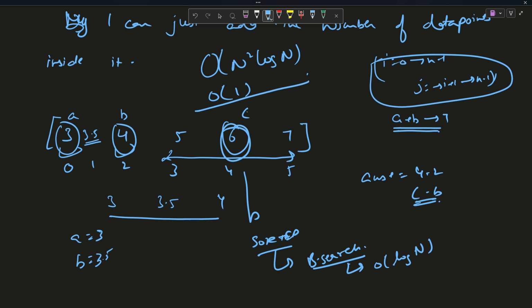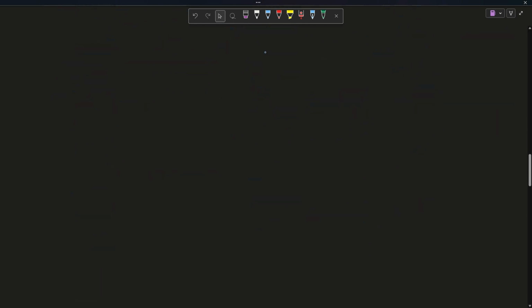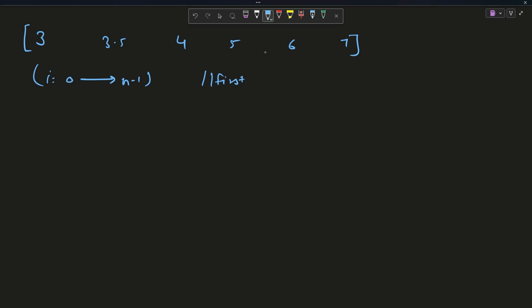I hope I'm clear. Let me tell you again what we are doing. The array is 3, 3.5, 4, 5, 6, 7. Now, what will I do? I will say i is going from 0 to n minus 1. This is my first side. j is going from i plus 1 to n minus 1.